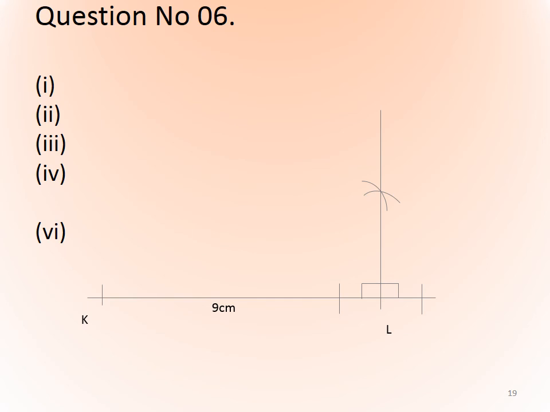Measure 4 centimeters using the compass and mark the arc here. The intersection point is M. Now connect M and K. Now you can see the triangle KLM.